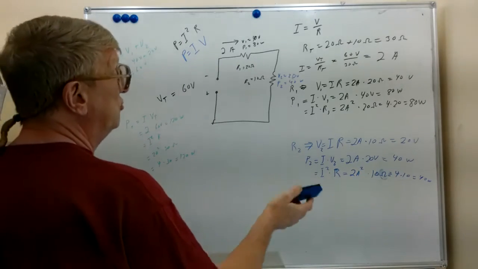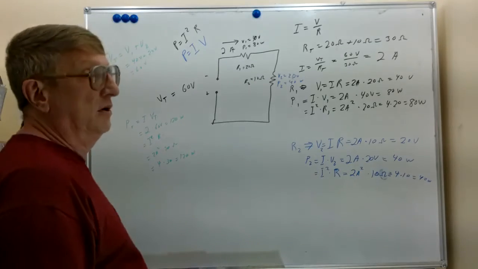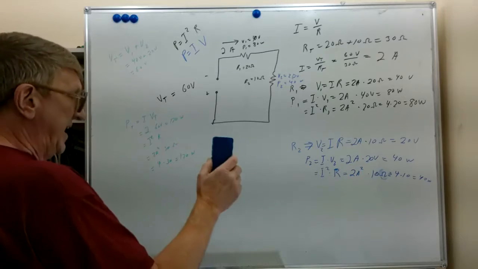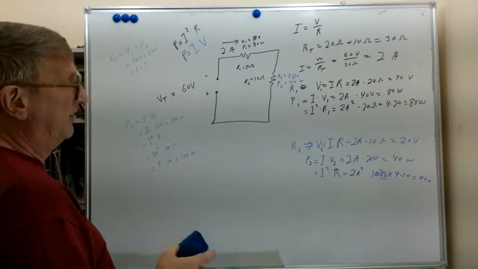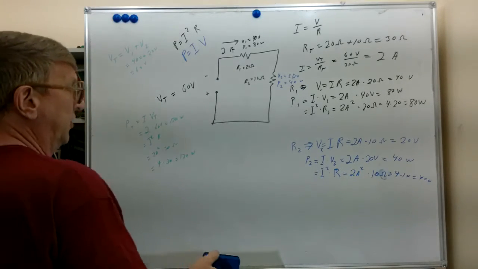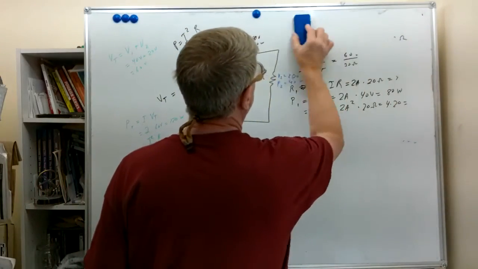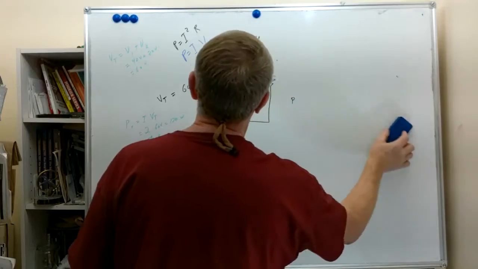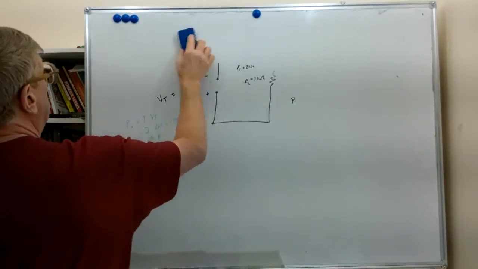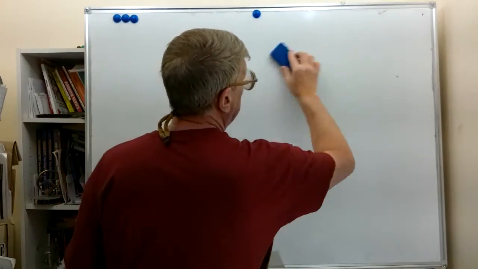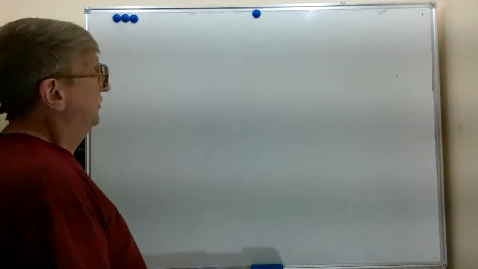And we actually had 2 ways to solve each of the power values. We used the IV, or the I squared R. So we kind of covered what this circuit was about. We'll talk a little bit more about how to go about analyzing a series circuit.